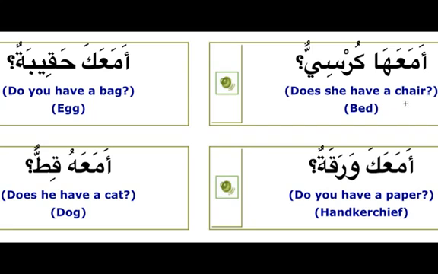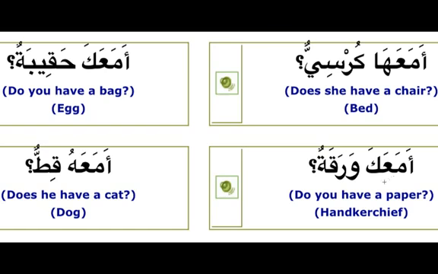What would you say? You say la, ma'aha sarirun. Ama'aka haqibatun? We say la, ma'i. So we're using different attached pronouns. If you say ma'aka, then you have to answer la ma'i baydatun. Egg is baydatun.